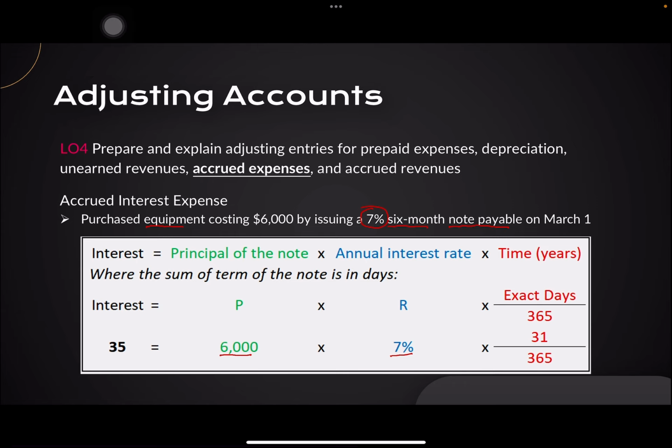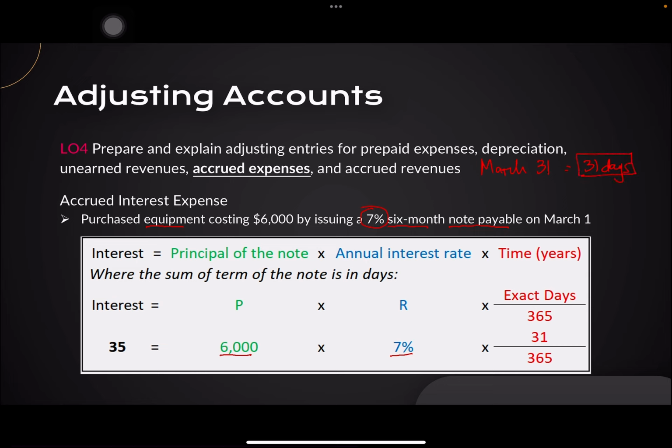But since we are only getting the interest expense as of March 31, we need to get only the interest expense good for 1 month. From March 1 to March 31, there are a total of 31 days.